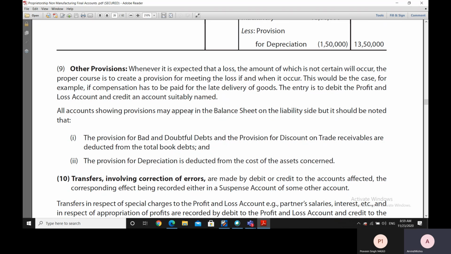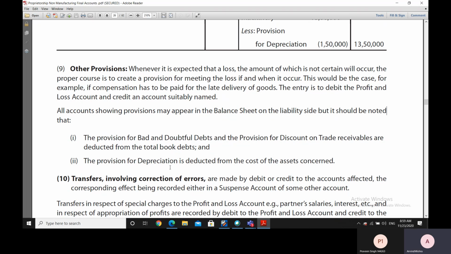All the accounts which are showing these provisions will appear in the balance sheet on the liability side. However, there are some accounts which are not normally shown on the liability side, like the provision for bad and doubtful debt account and the provision for discount on trade receivable account, because these two provision accounts are deducted from the total debtors on the asset side.